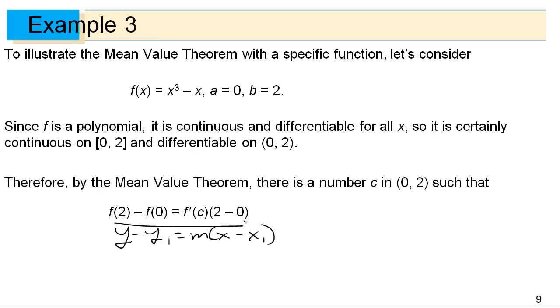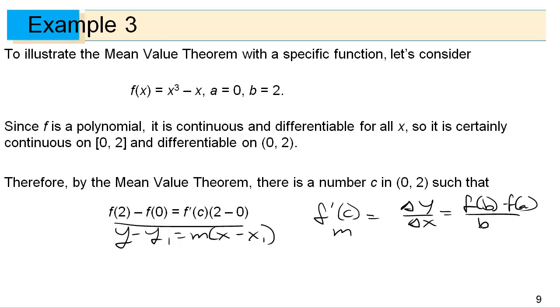That's all this really is. Just remember it comes from the idea that the derivative, which is your slope, is just equal to change in y over change in x for your function, which is your f of b minus f of a all over b minus a.